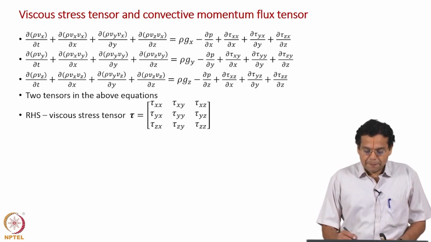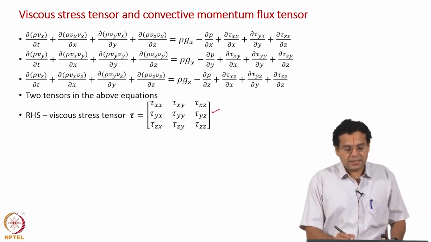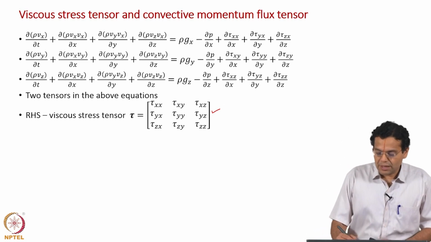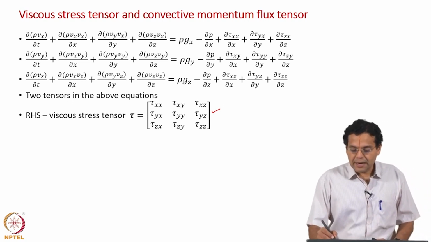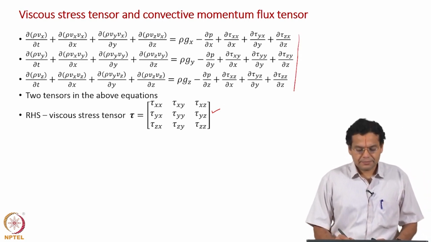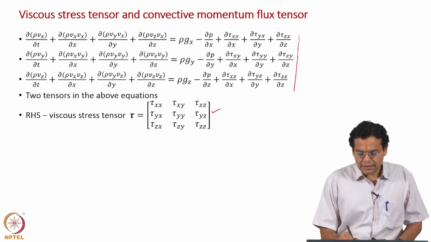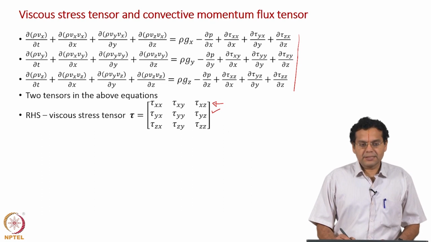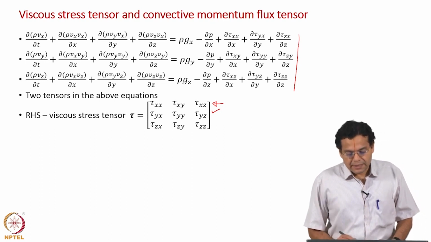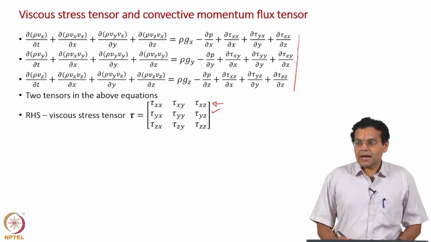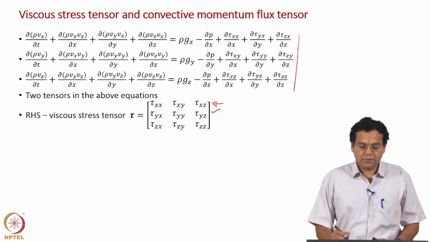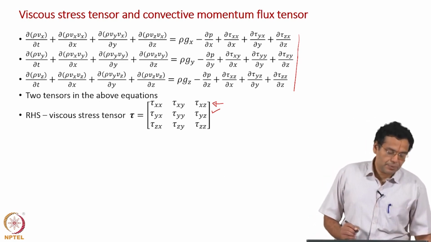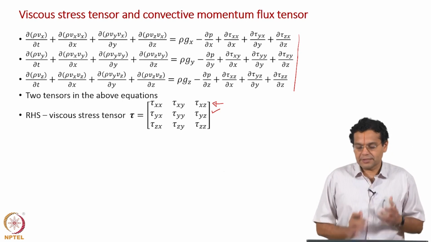Now the components of the stress tensor are known to you. Let us look at the stress tensor and the right hand side. Now we know that one row in a tensor represents the components of the stress vector acting on a particular face. So, the first row represents the components of the stress vector acting on the x face.